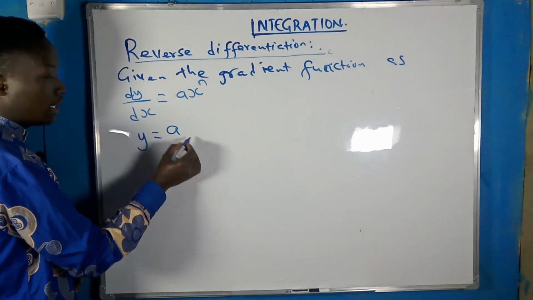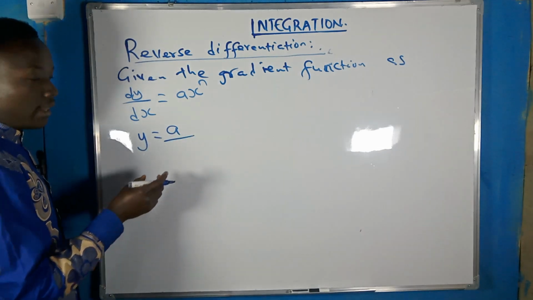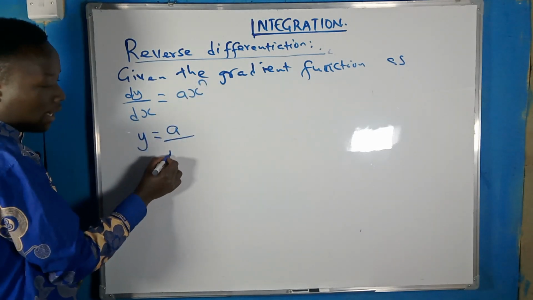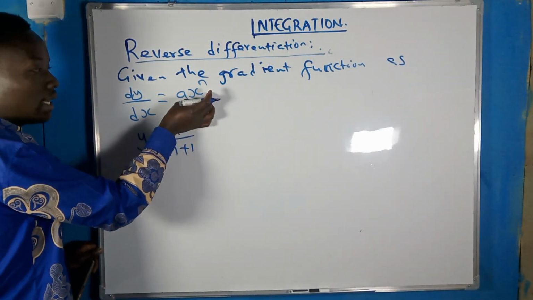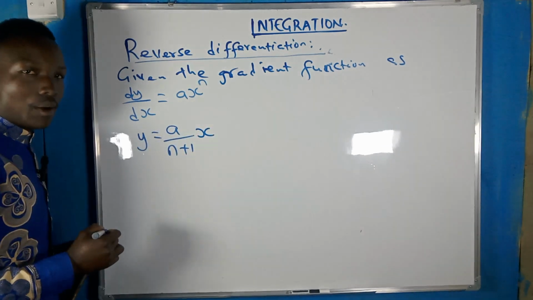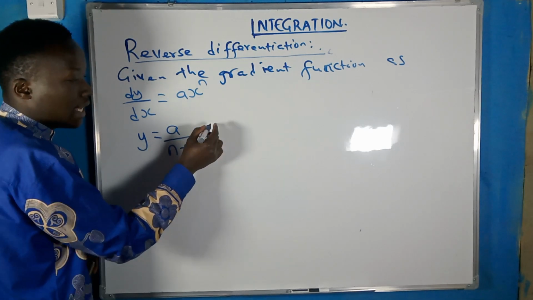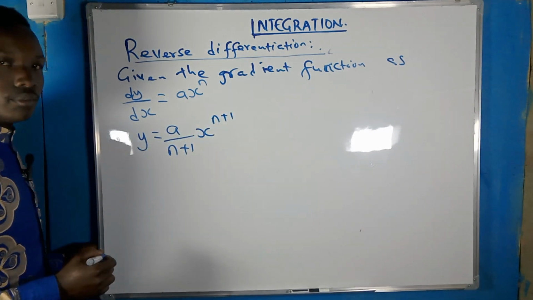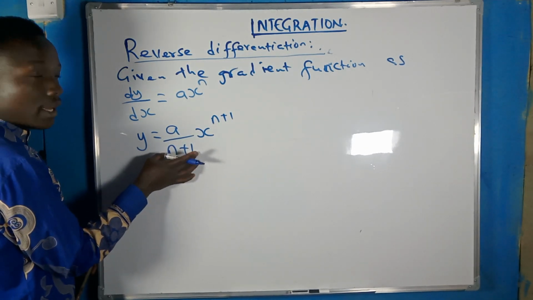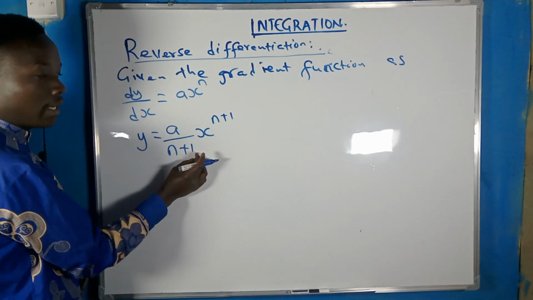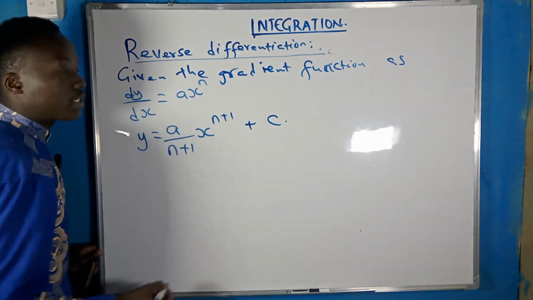We take the constant, which is a, then the denominator is our power n plus 1. Then we maintain our independent variable x, and the power of x, we add 1. So it is a over n plus 1, x to the power n plus 1, then we add the constant.